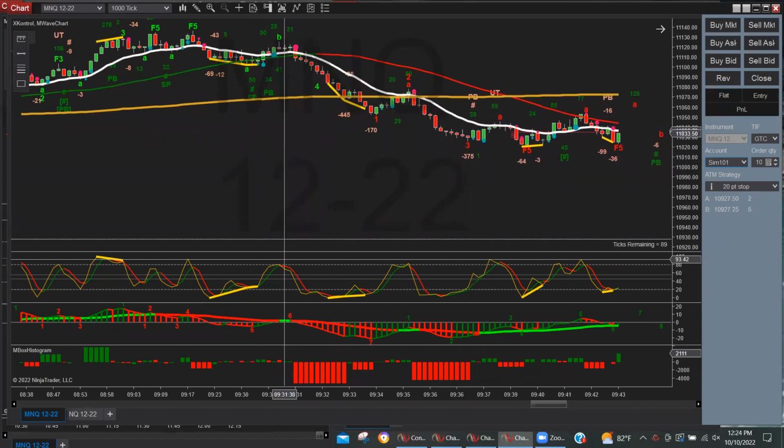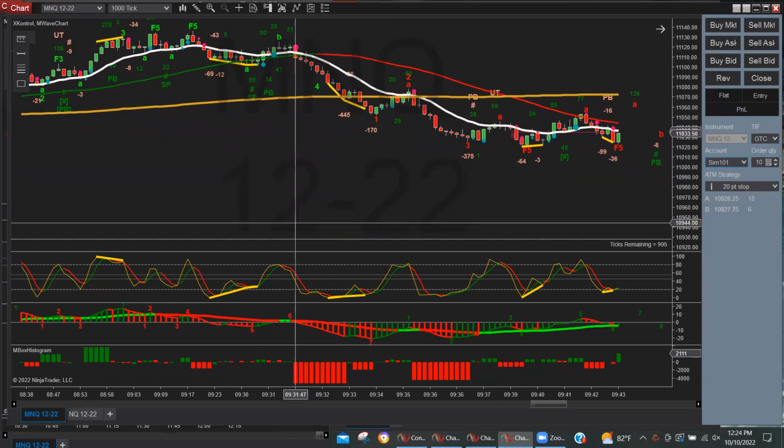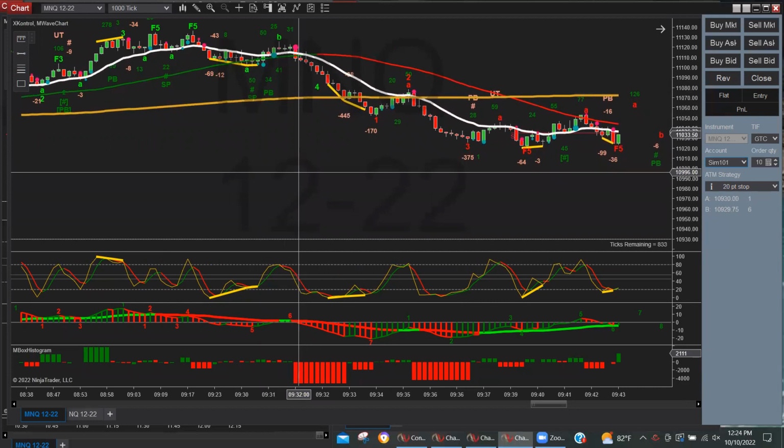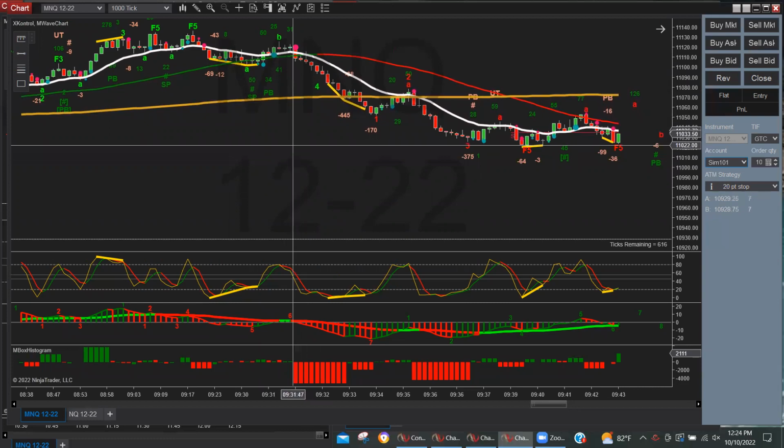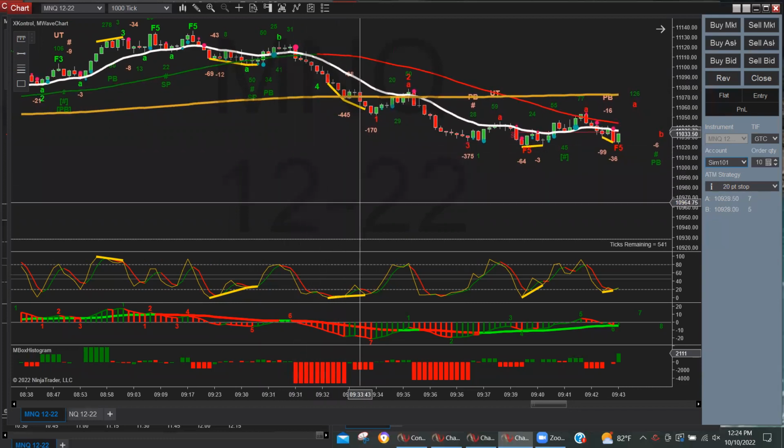All right, but again, we know the momentum because we just looked at it. Between 9:30 and 10, everything lined up for us to go down.